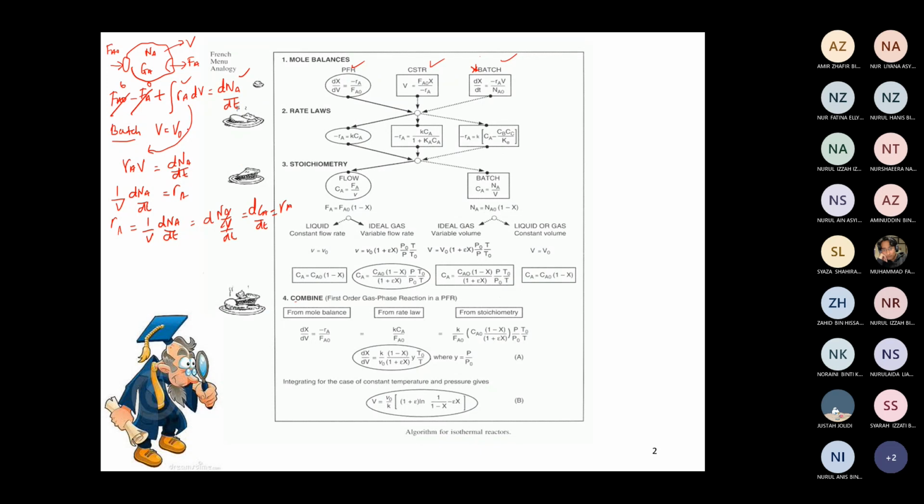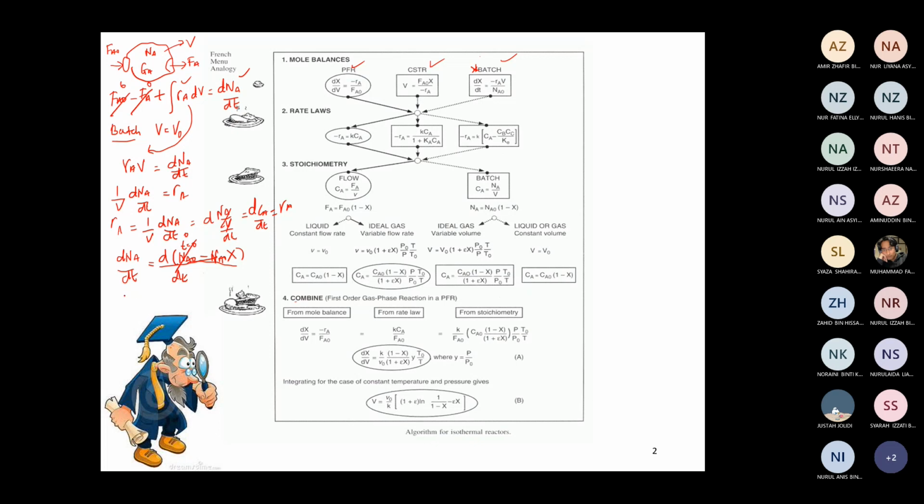From here, you can expand dNA over dt if you don't want it in terms of CA. So what is NA? NA is NA naught minus NA naught X. Differentiating NA naught with respect to t is equal to 0, so you can cancel it to 0.